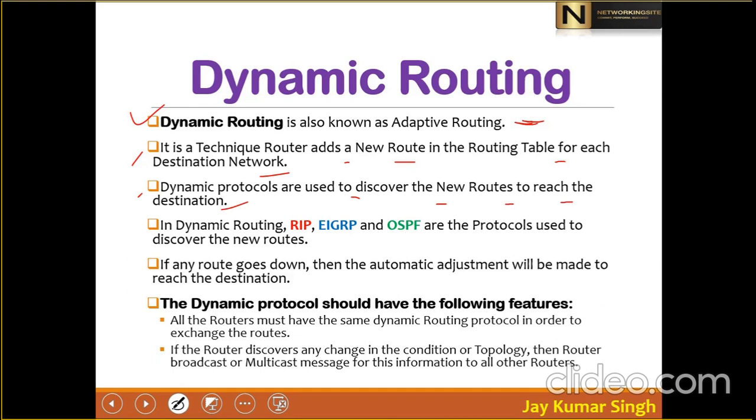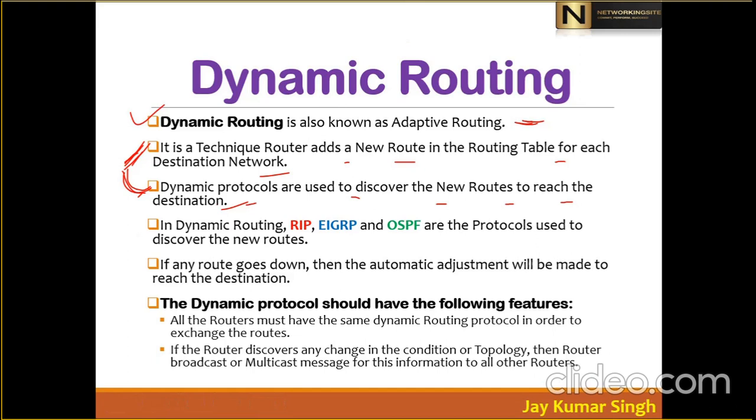Means if you have some information in the routing table, and that information has been deleted or removed, automatically the router in the dynamic routing protocol will discover the new routes. If existing routes have some problem, the router will find a new route.